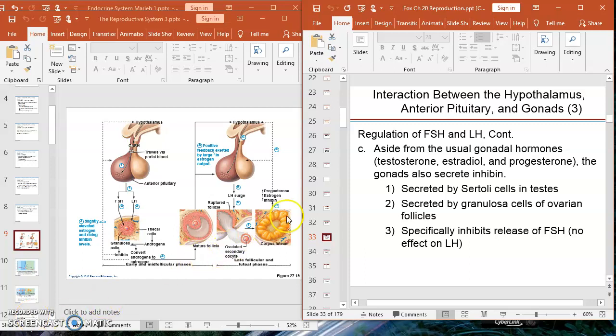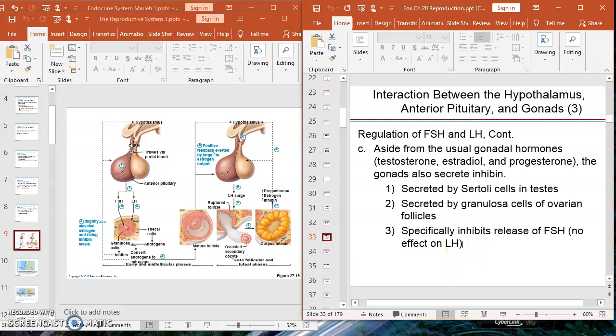Okay, class, in the last PowerPoint, which was General Reproductive Physiology 3, we ended with the discussion of inhibin. Inhibin is produced by the Sertoli cells in the testes, also called the nursing cells, and the granulosa cells of the ovary. What it does is inhibit FSH, but not LH.